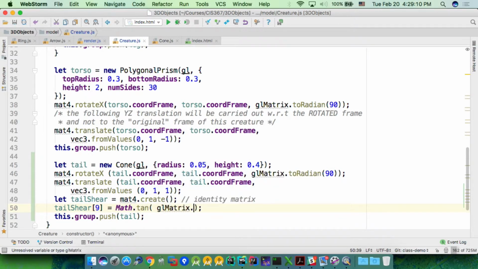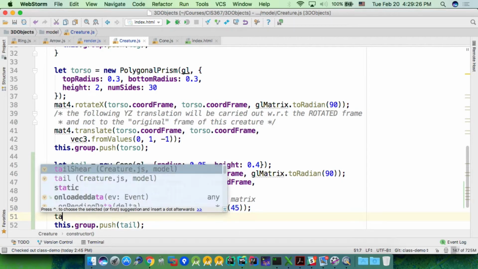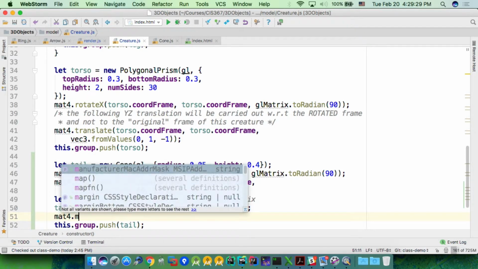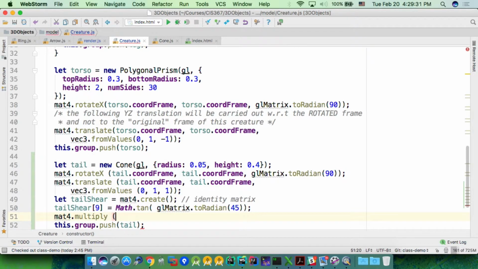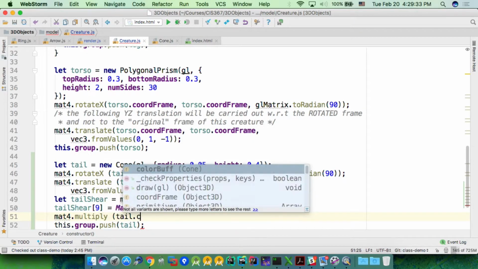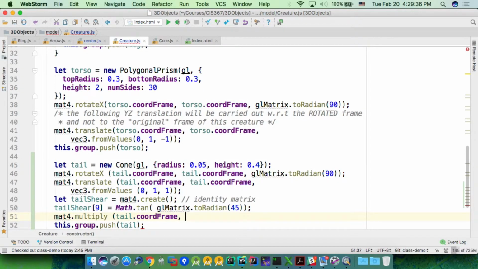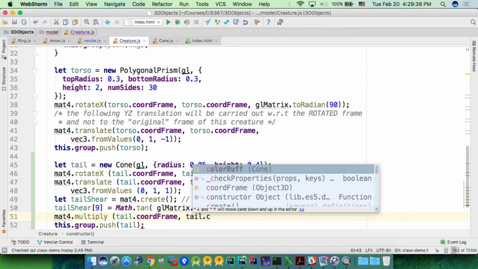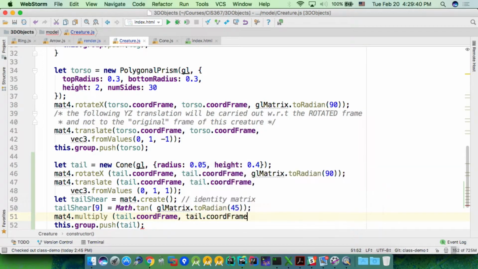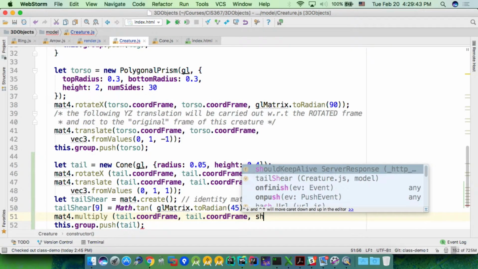And I'm going to be using glMatrix toRadian. So how many degrees? 40, 45? Okay, so now I have the shear matrix. Once I have the shear matrix, I can multiply by using mat4 multiply: tail coordinate frame, tail coordinate frame, shear matrix, tail shear.